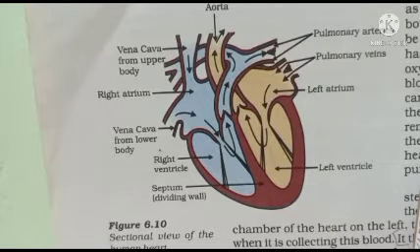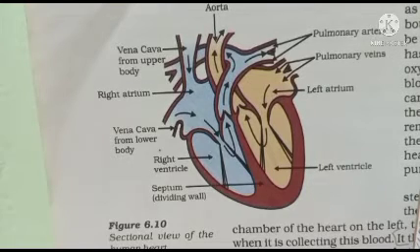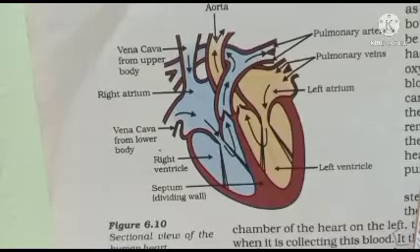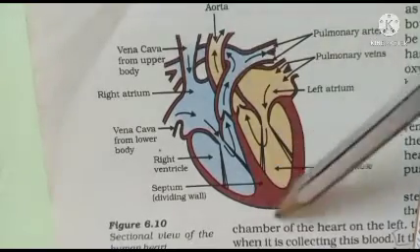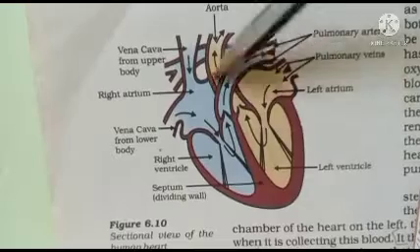Now first we will see about the pumping organ, that is the heart. Our circulatory system consists of the heart and the blood vessels which carry the blood to all the parts of the body. If you see the heart, it is muscular in origin. That means the wall of the heart is made up of cardiac muscle.